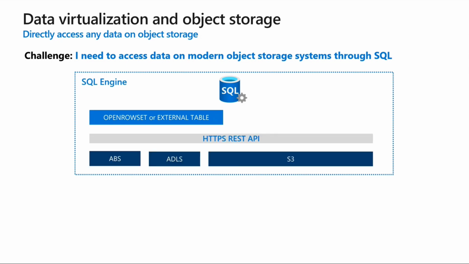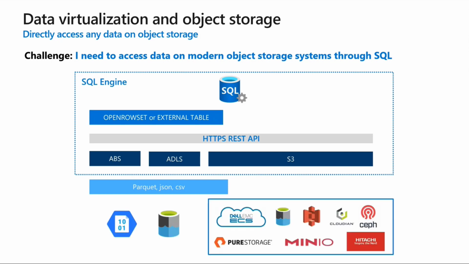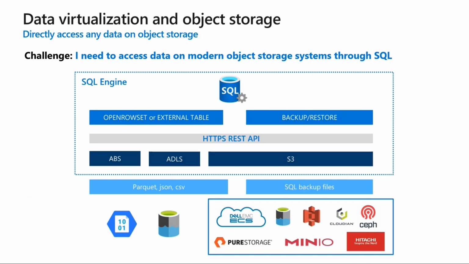Now, with this Polybase v2, let's say, we will be able to access data that maybe is stored in an external database system or in a modern object storage system, like, for example, a storage account or a data lake in where we store Parquet, JSON, or CSV files. And we create these external tables, right? Then from SQL Server, we access this table directly, like if it is a local table.